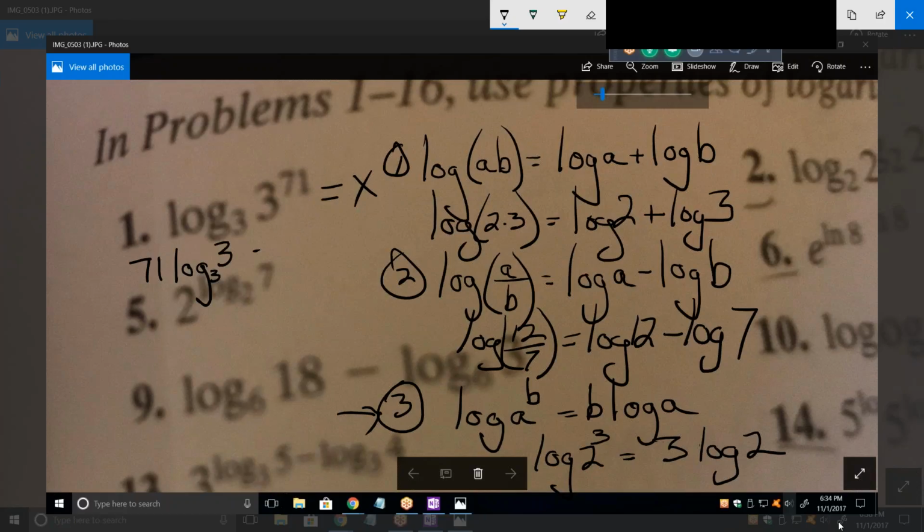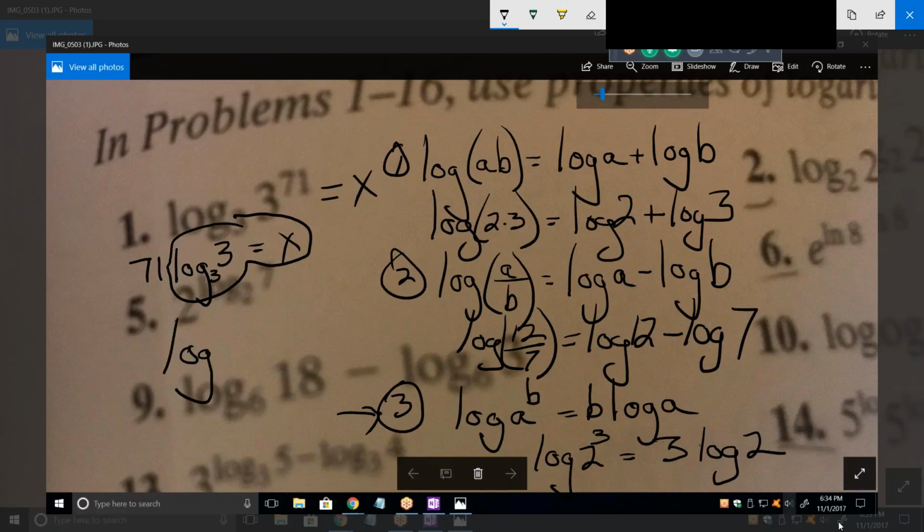Now, if I say that's equal to x, now the real key thing here is what is that equal to? If I had log base 3 of 3, what is log base 3 of 3? You would just solve that?